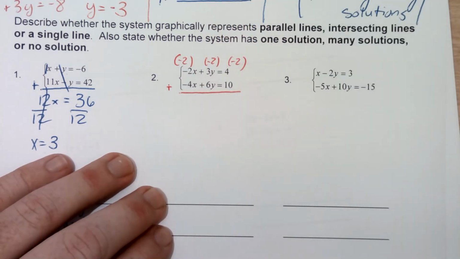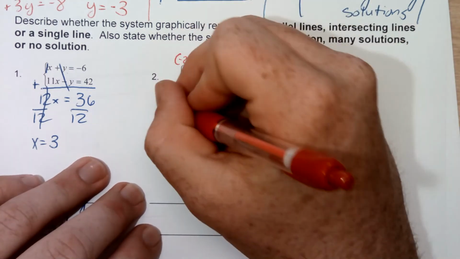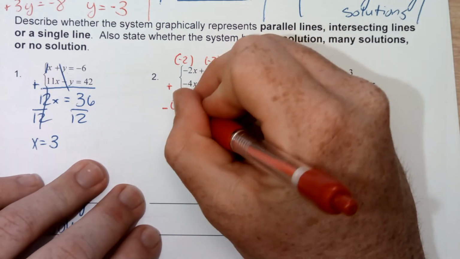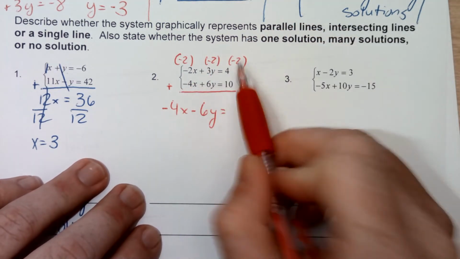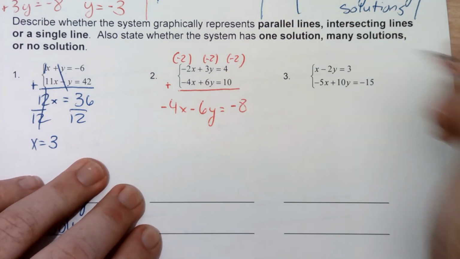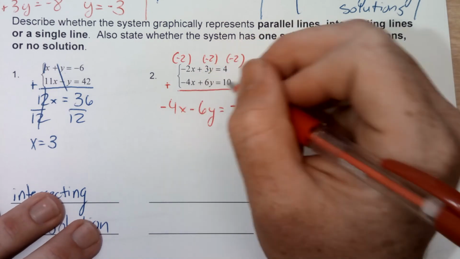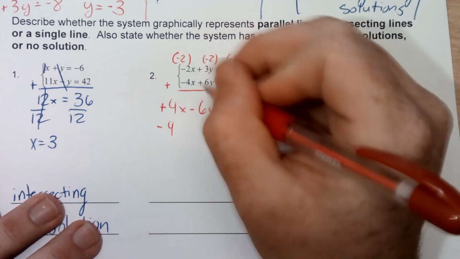Okay. So when I multiply the top by negative 2, I get negative 4x. Then 3y times negative 2 is minus 6y equals 4 times negative 2 is negative 8. Okay. Now I'm going to write my other equation underneath that. I have negative 4. This should be a positive 4x.